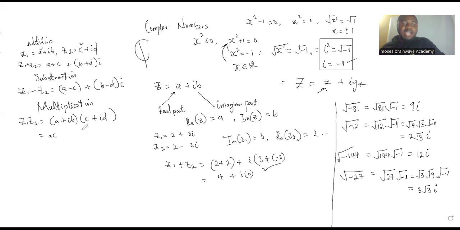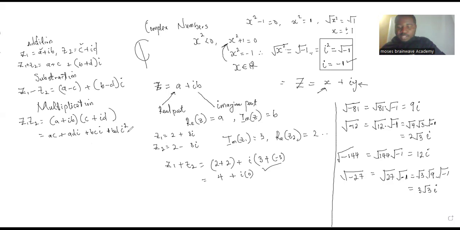A multiplying id, you're going to have plus ad, this is imaginary. Then b multiplied by c, you're going to get plus bc with the imaginary. Then b multiplied by d, you're going to get plus bd, then your i is going to be squared, right?